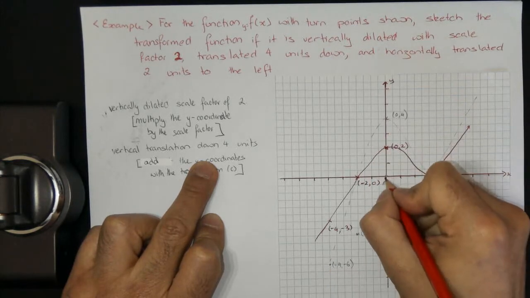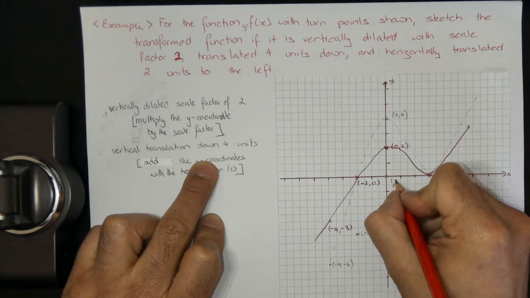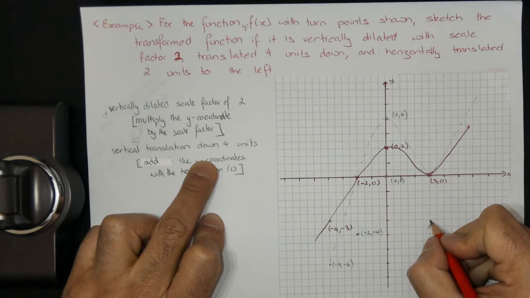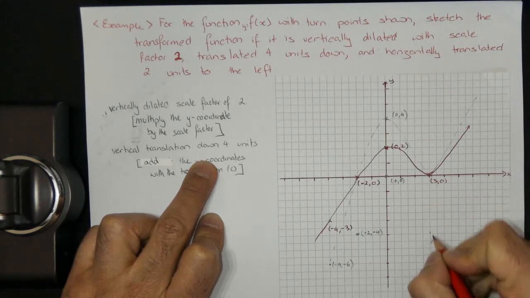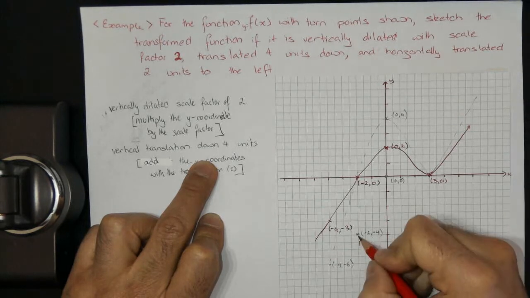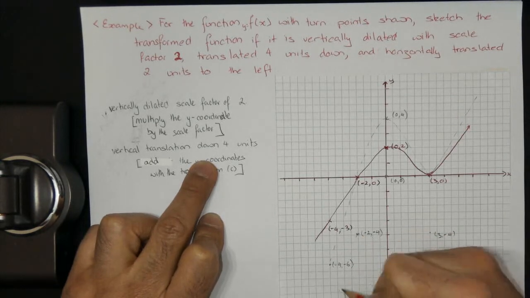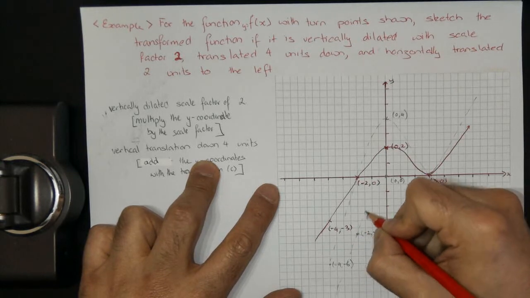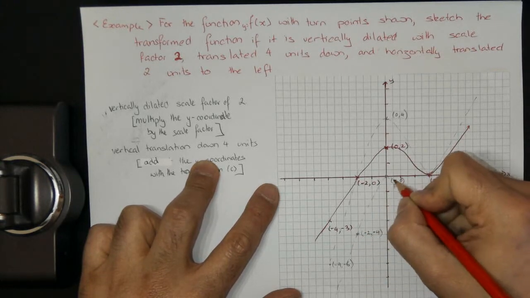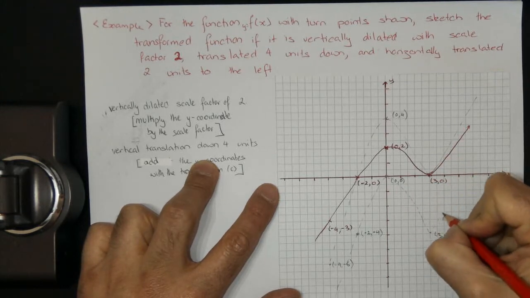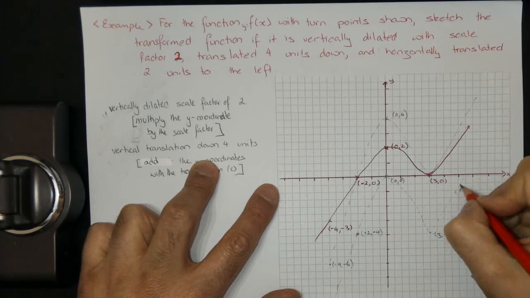This now becomes (0, 0). This becomes (3, -4). So we get something like that.